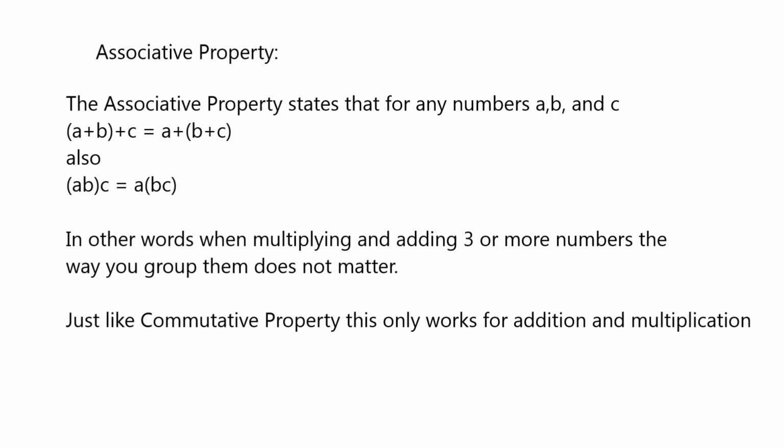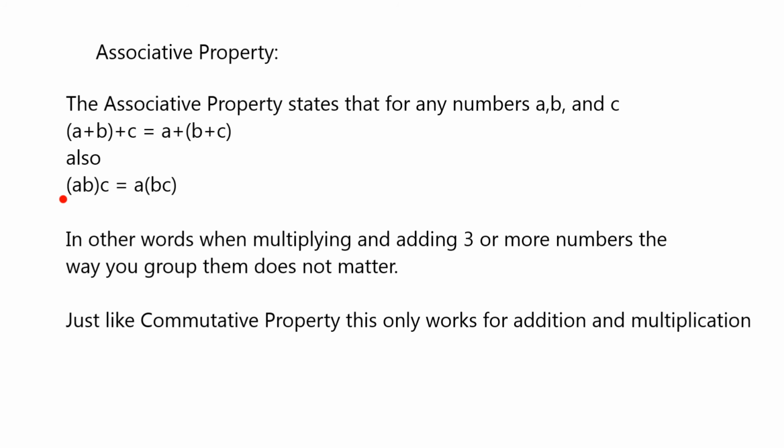The last property is called the associative property. The associative, being similar to the commutative, states that for any numbers a, b, and c, a plus b grouped, followed by an added c, is the same as if you add a to the group of b plus c.